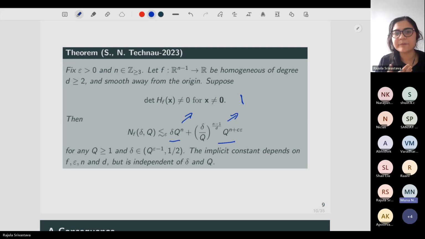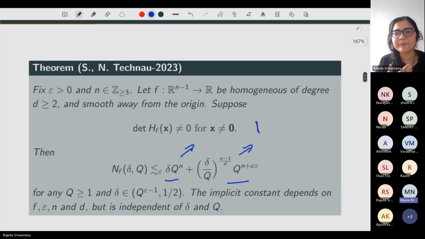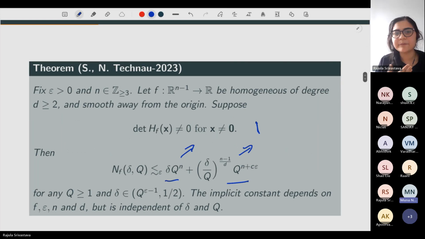I have a small question here. Why do you always assume dimension here means integer, right? In this result, you have written that n belongs to Z, bigger than or equal to 3. Oh, it's bigger than or equal to 3.